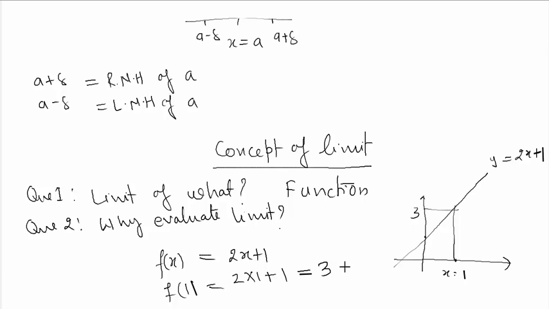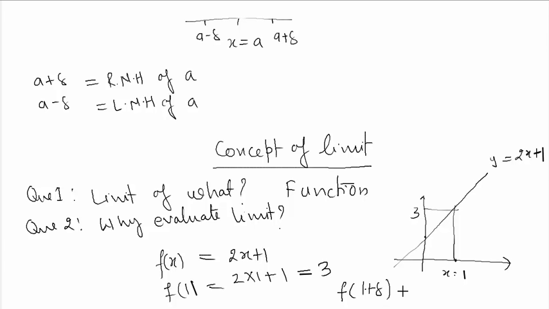So to know the value of the function at 1, we need not have the concept of limit. We need not apply the limit at all. So why do we need limit and where do we need it? If we think of the value of the function in the neighborhood of 1, we can express this neighborhood as 1 plus delta, so f of 1 plus delta, the right neighborhood.